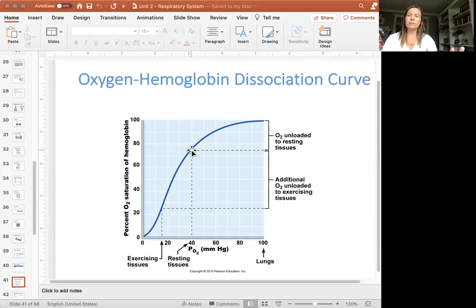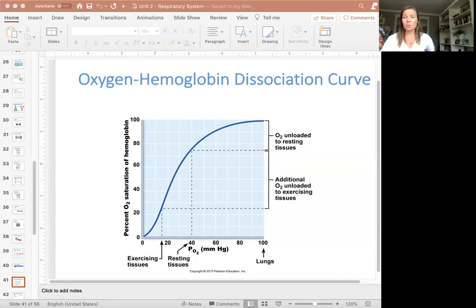So the more oxygen you have in an area, so that's the partial pressure of oxygen, the greater the percent saturation of hemoglobin. All right, so there comes a point where you actually want oxygen to split off of the hemoglobin molecule.